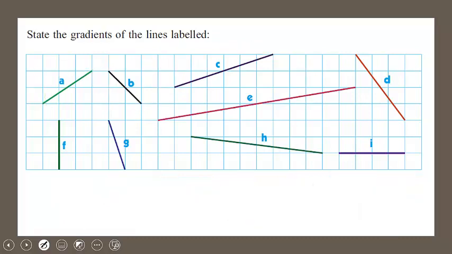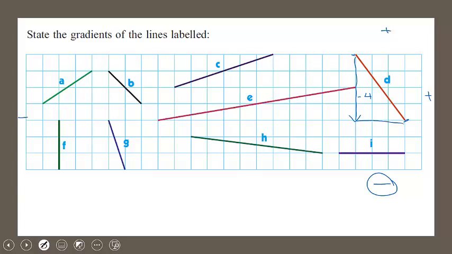Let's look at question D. Up is plus, right is plus, down is minus, and left is minus. So let's go from left to right. So it's going to be from that point to this point. First I'm going to go down 1, 2, 3, 4 down. So that is minus direction. So this is minus 4.